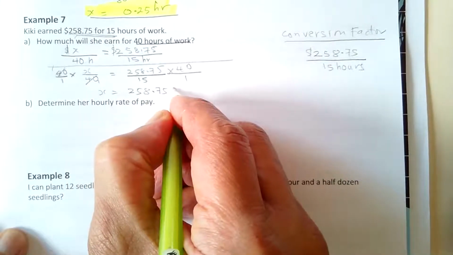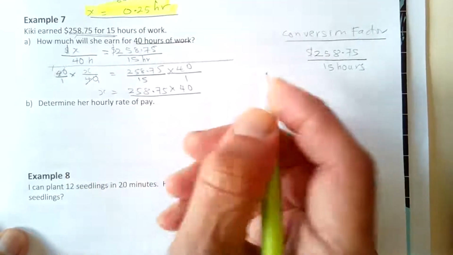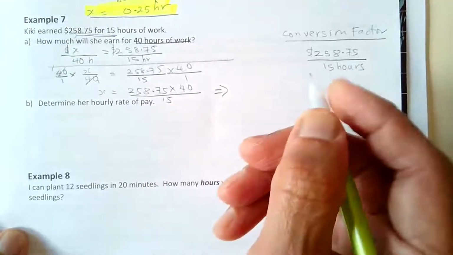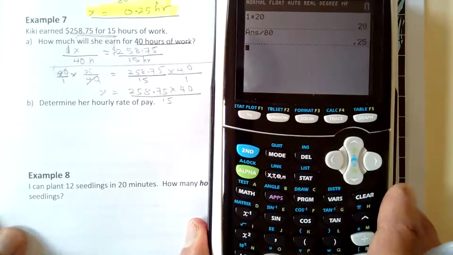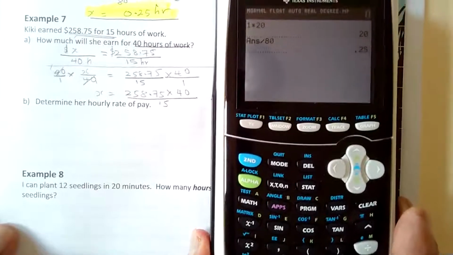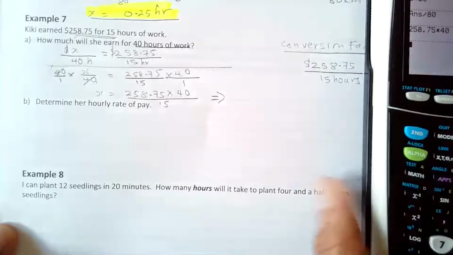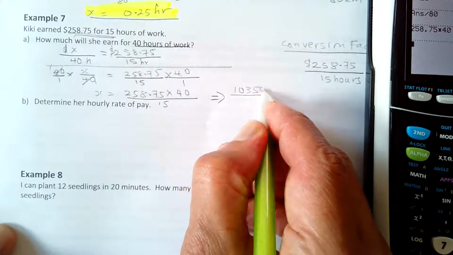258.75 multiplied by 40, divided by 15. And this will give us, so let me use the calculator here. 258.75 times 40 is 10,350. I'll just record that here, 10,350.